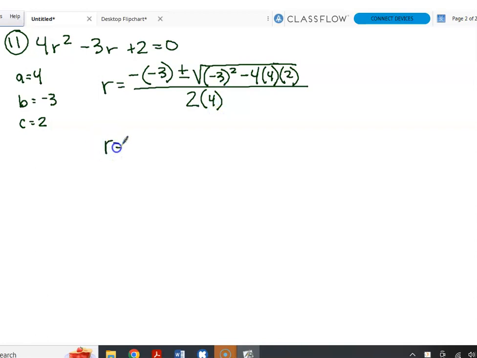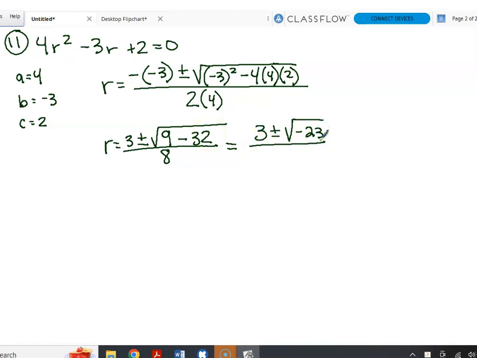So then r equals a negative times a negative 3 is a positive 3, plus or minus the square root of negative 3 squared, which is 9, minus 4 times 4, which is 16, and 16 times 2 is 32, all divided by 2 times 4, which is 8. I'm going to go to the right and keep working. So we've got 3 plus or minus the square root of 9 minus 32, which is negative 23, divided by 8.